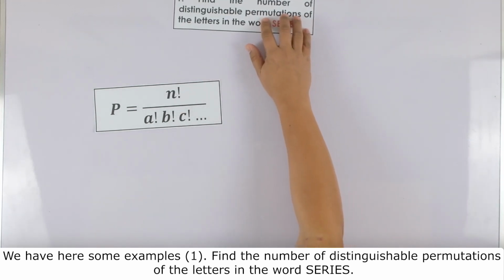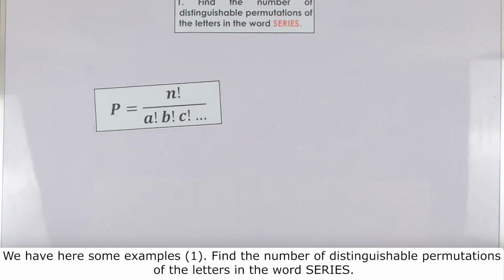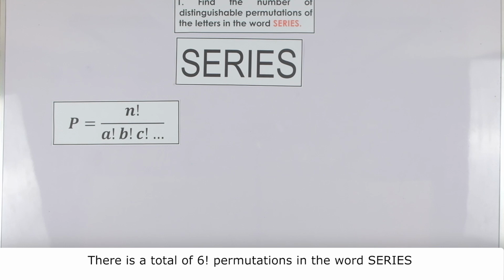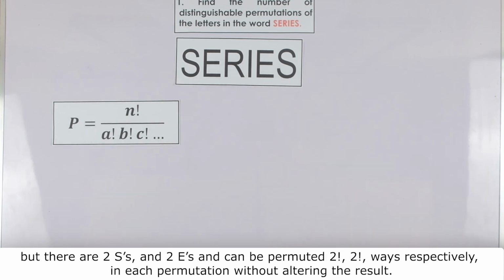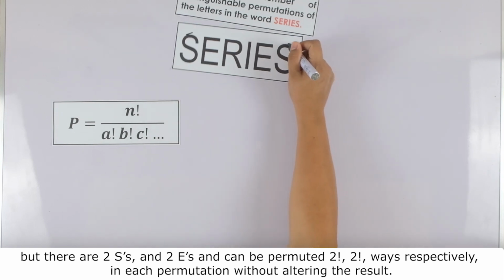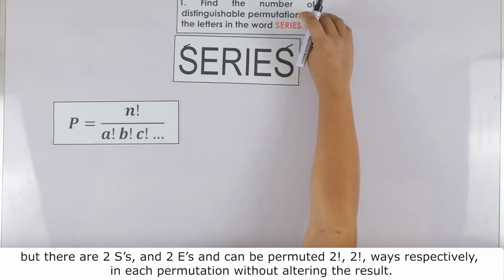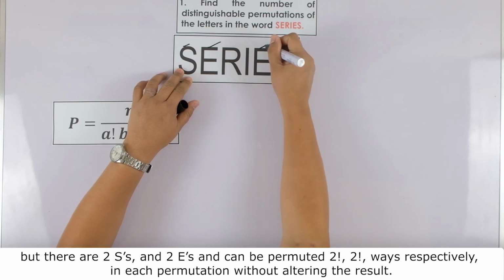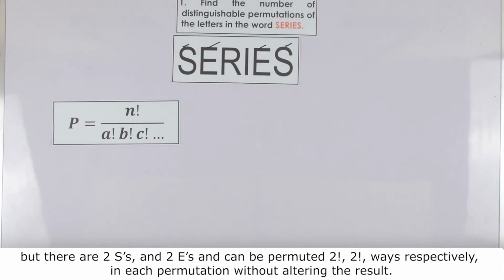Number 1. Find the number of distinguishable permutations of the letters in the word series. There is a total of 6 letters in the word series, but there are 2 S's and 2 E's, and they can be permuted 2 factorial ways respectively in each permutation without altering the result.